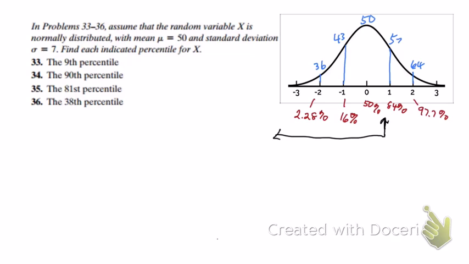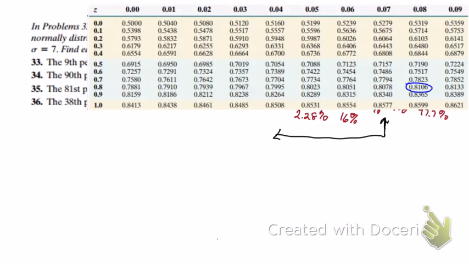Back. So I look up as close to 0.81 as I can find in the table. And I'm finding, for a z-score of 0.88, I'm getting 0.8106.